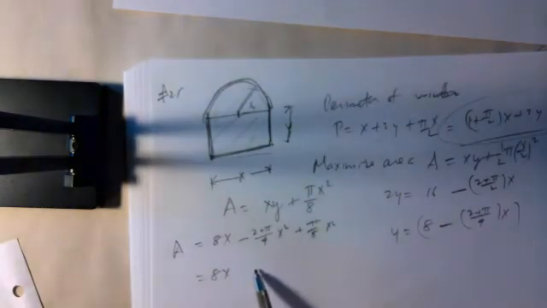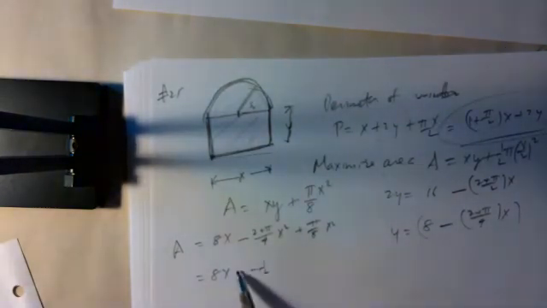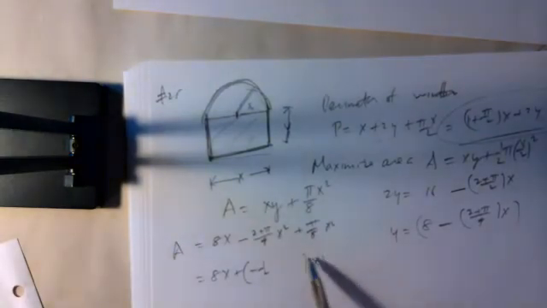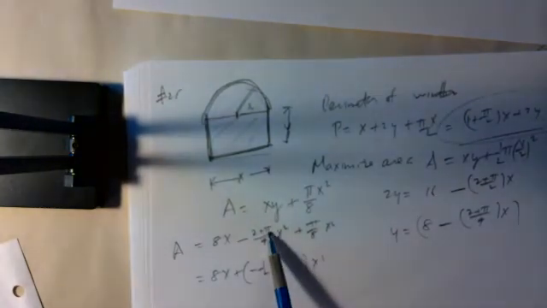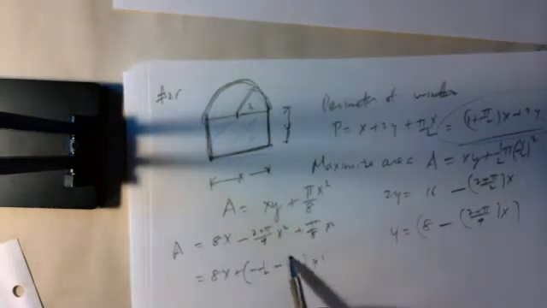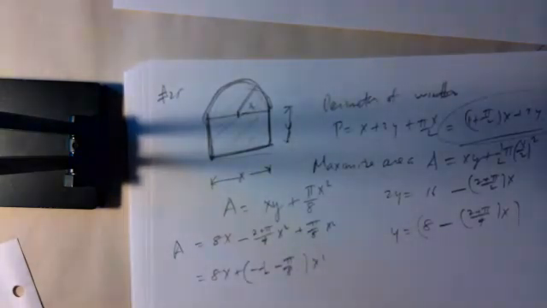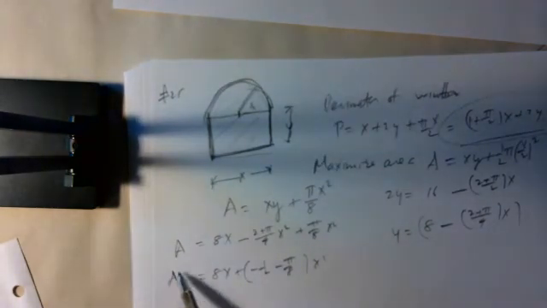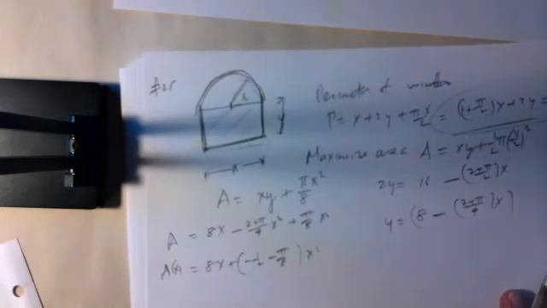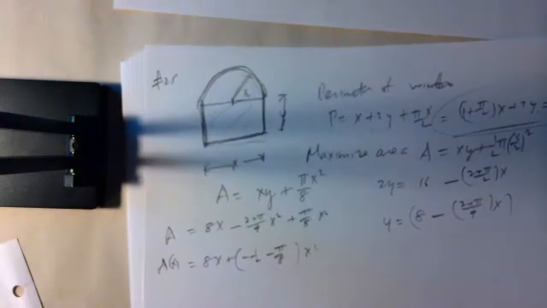I have minus a half x squared, minus pi over 4 plus pi over 8 is minus pi over 8 x squared. So this is a formula for the area of the Norman window as a function of x.